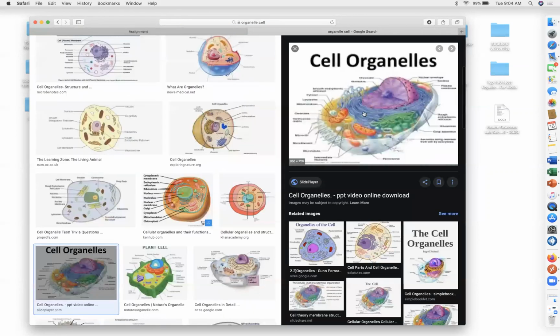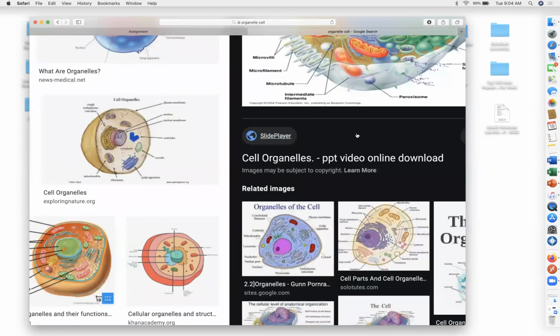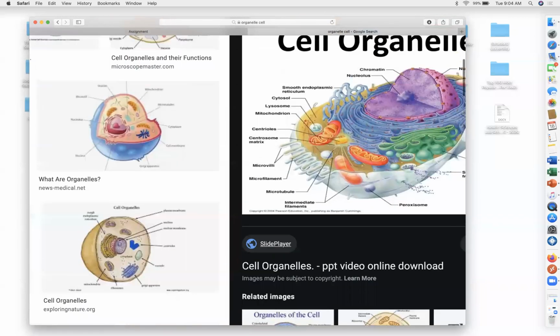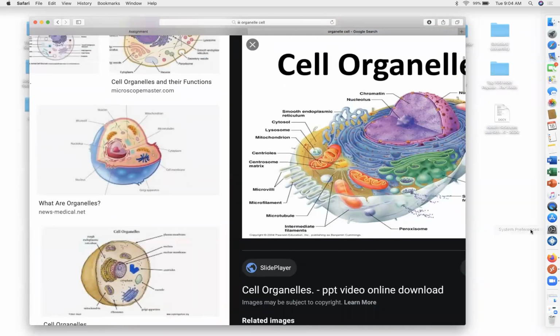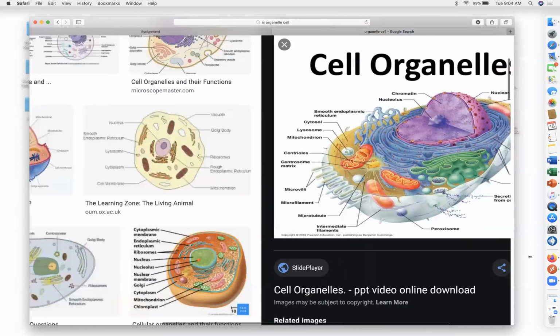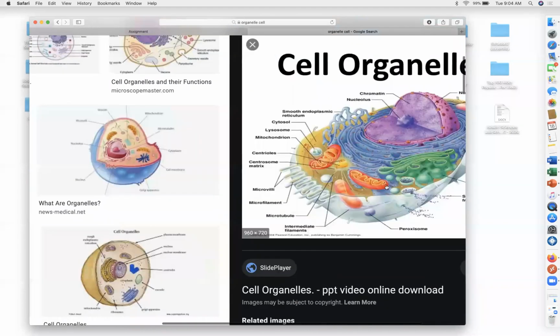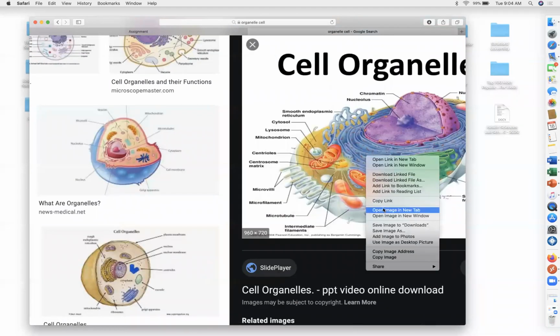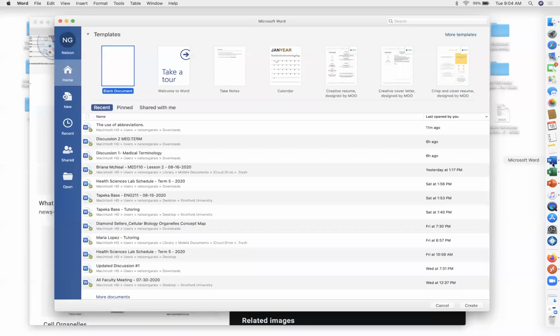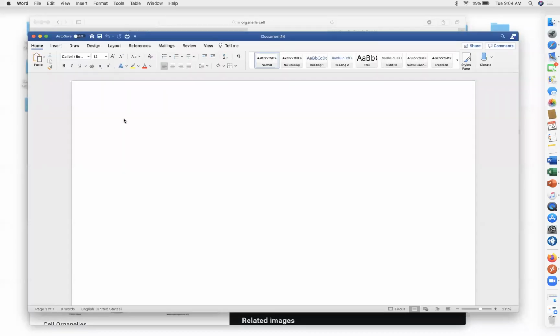Here you go. Let's look at this, and let's look at the cell. I think the best way to do it is this. Let me put it on a word so we can all see it.